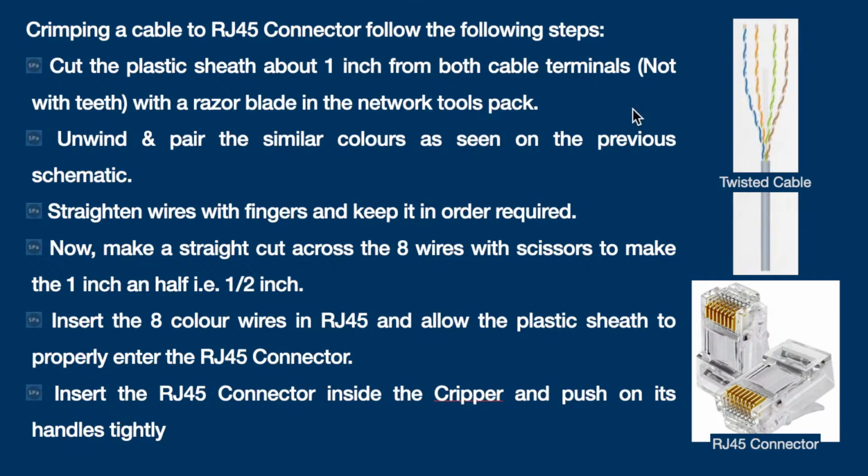All right, now the next slide is how to create a cable. Crimping a cable to an RJ45 connector follows these steps. You have to follow the following steps. All right.